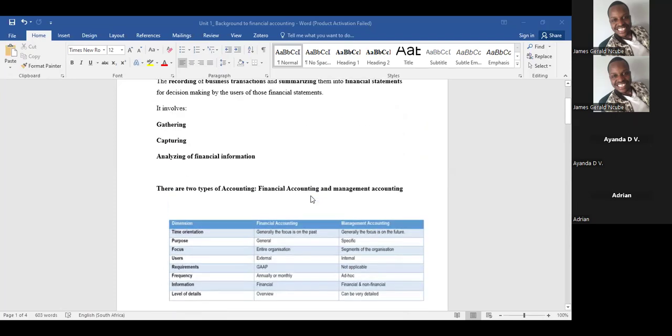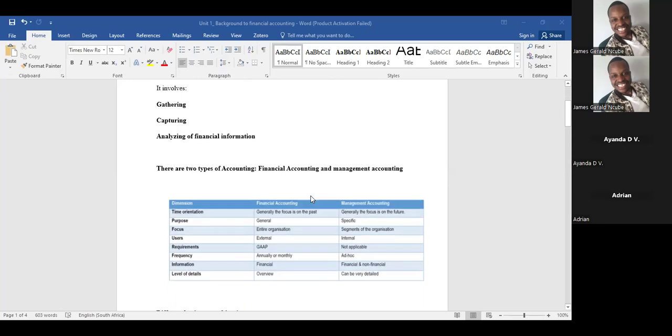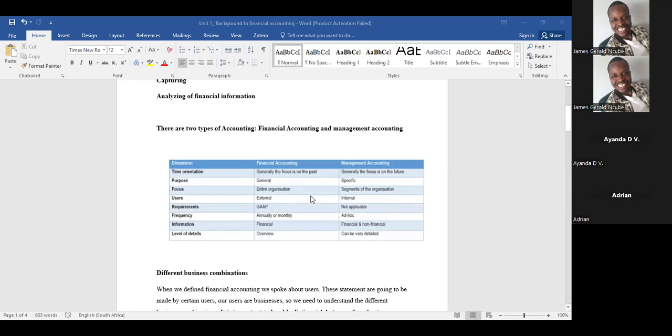In our definition, we did say that these financial statements, which we are recording into, are going to be used by certain users. So to understand our users, we need to know the different types of users, right? Our users are obviously businesses, but they're different business combinations, right?